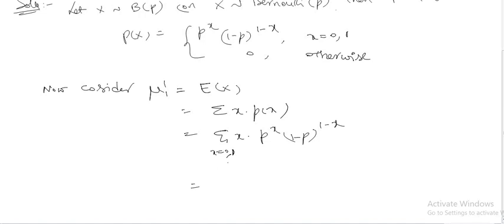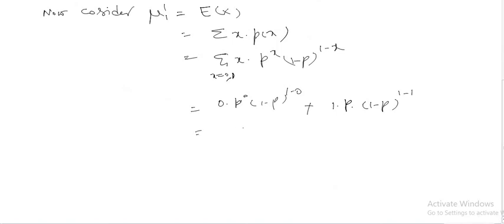Now substitute x equals 0: 0 into p power 0, 1 minus p power 1 minus 0. That's all. Again addition, plus substitute x equals 1: 1 into p into 1 minus p power 0. The first term becomes 0 because here is 0.